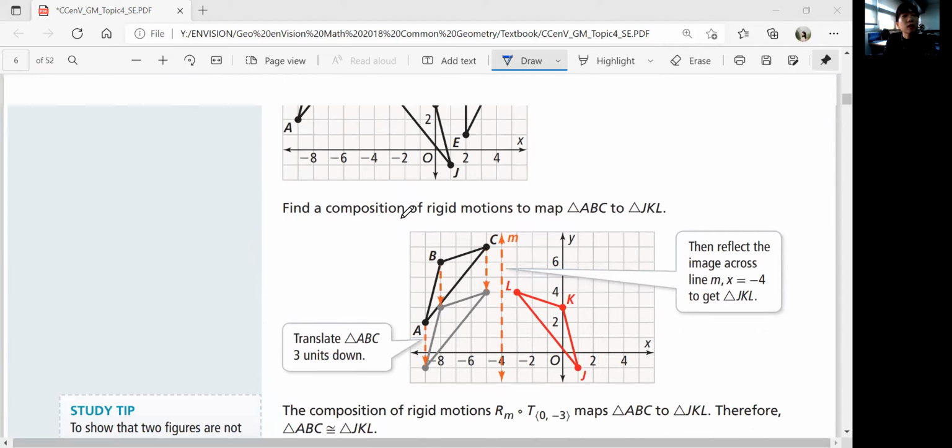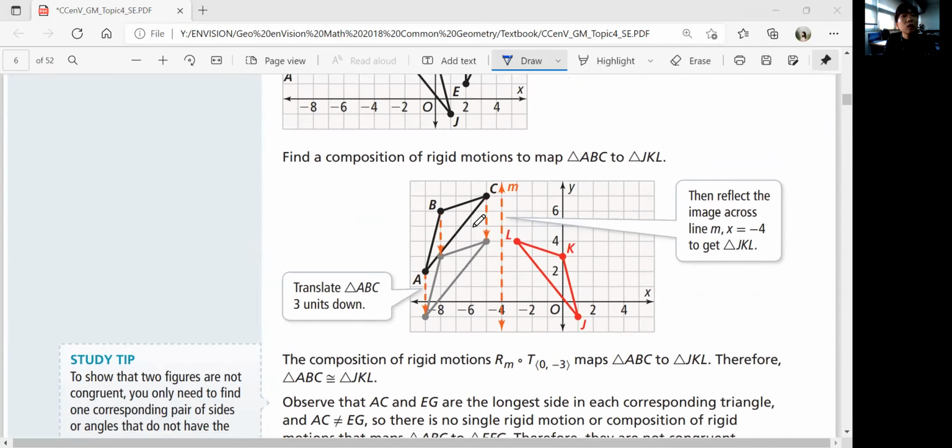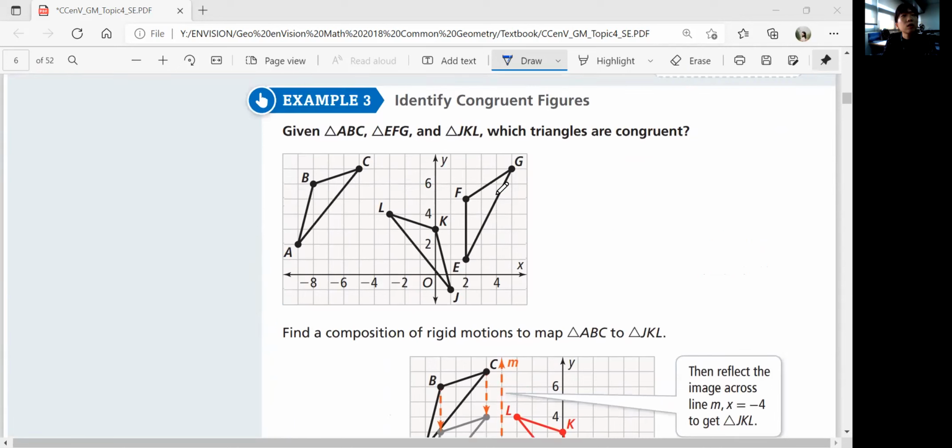What about the other triangle? Okay, look at the EFG. Just without thinking about transformation, ABC has to map to EFG, right? Are the sides congruent?